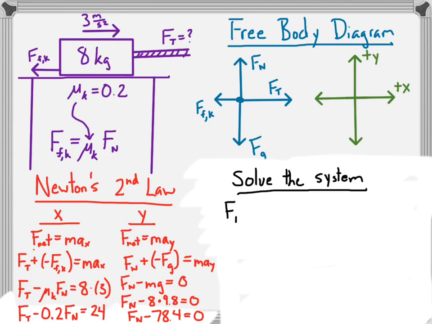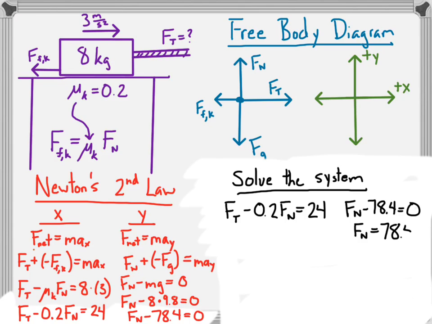Okay, so we have those two equations and two unknowns. There are two different ways that you can solve systems of equations here. You can either choose to solve by a method called substitution, where you solve for one of the two variables and then substitute it into the other equation.